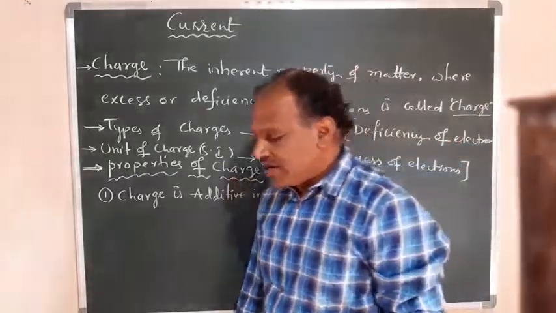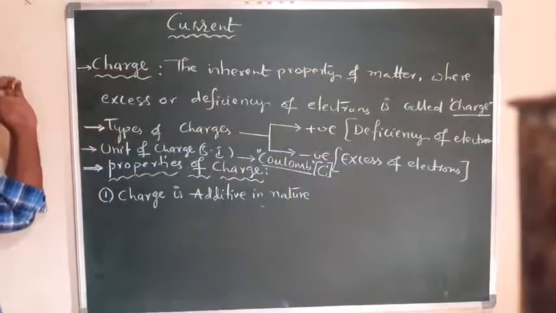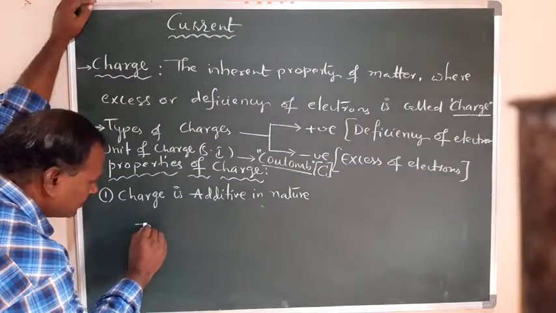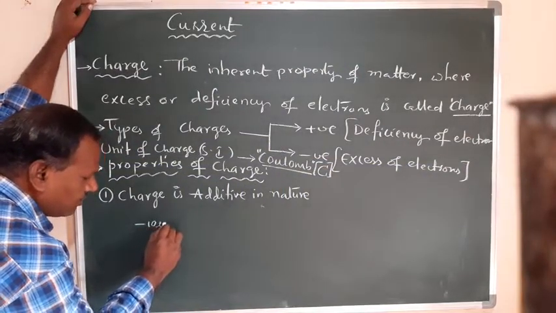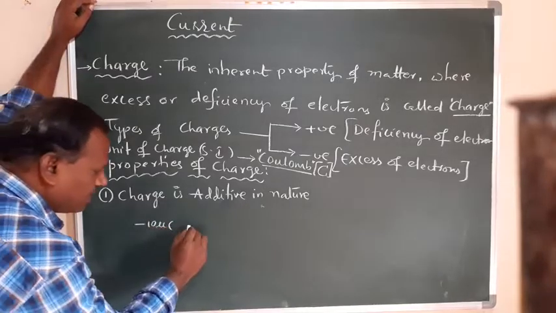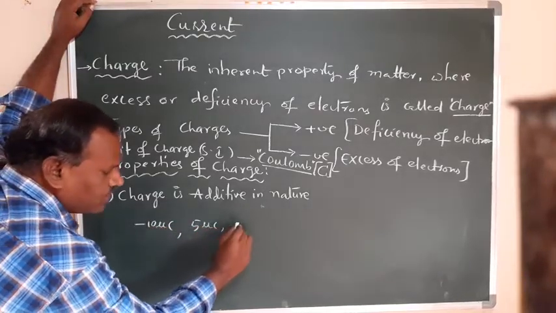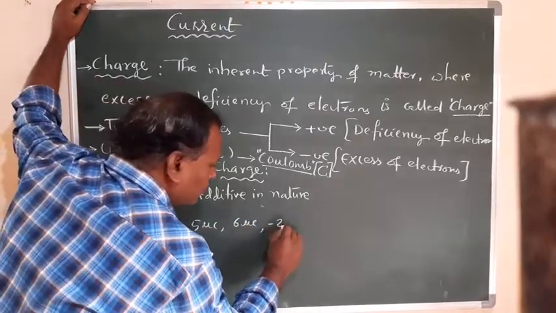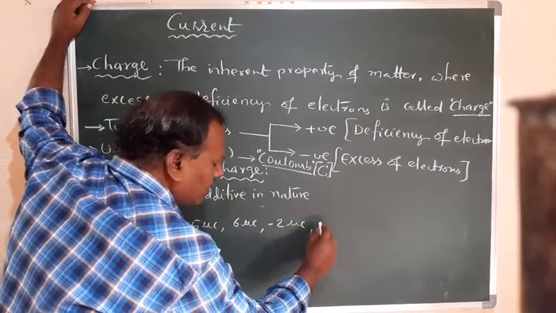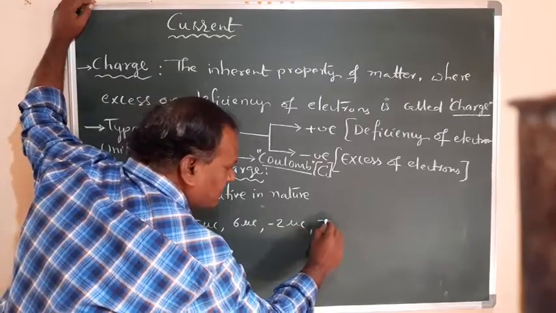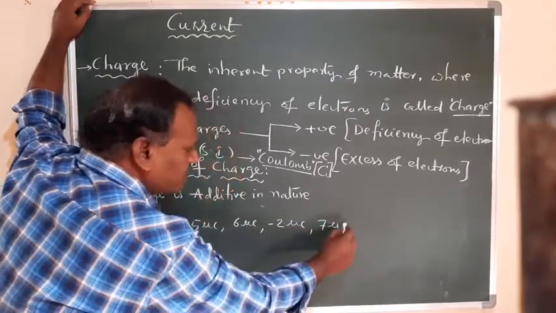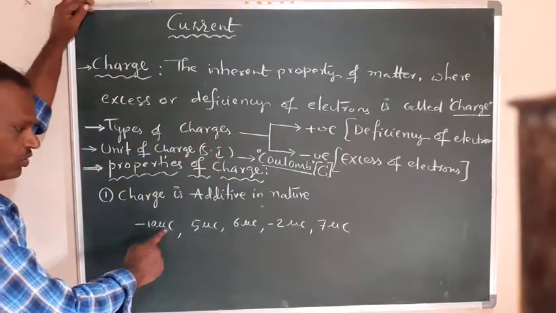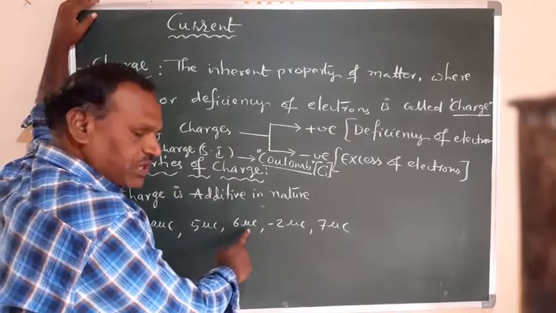Suppose you have an object, and 2-3 charges are provided to it. For that object we give minus 10 microcoulombs, 5 microcoulombs, 6 microcoulombs, minus 2 microcoulombs, and 7 microcoulombs.